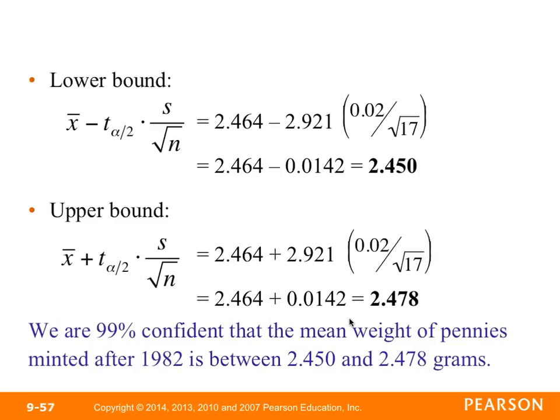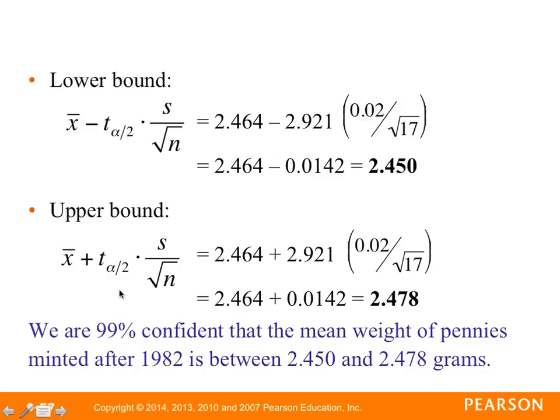So if we want to actually create our interval, what we do is we take our x bar, which is what we calculated several slides ago. That was our 2.464, our average from our sample. And then we subtract our critical value, which is found by figuring out what our alpha is. So in our case, we have 99% confidence, so that means we have 0.01 as our alpha.